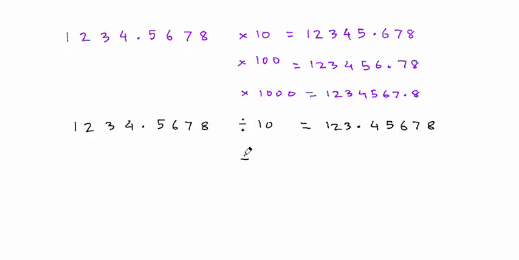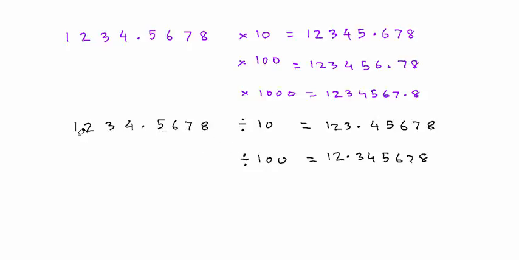If you want to divide that with 100, you have two places over to the left, which makes it 12.345678, and so on.